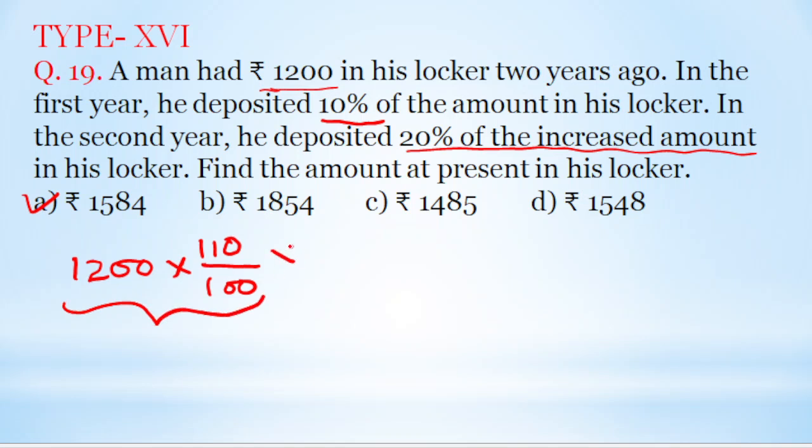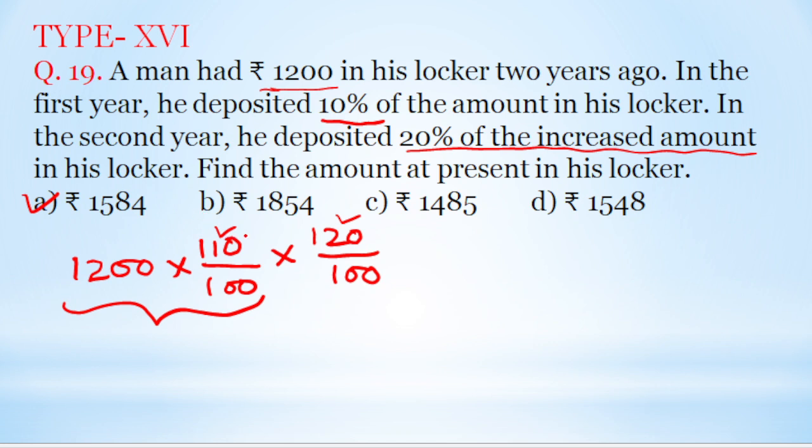Again, the amount after second year is equal to, because in the second year he deposited 20% of the increased amount, so here this is 120 divided by 100. Now from where does this 110 come and from where does this 120 come?